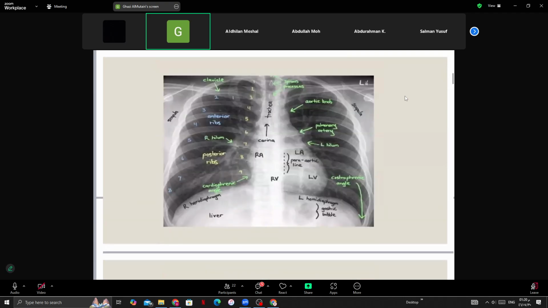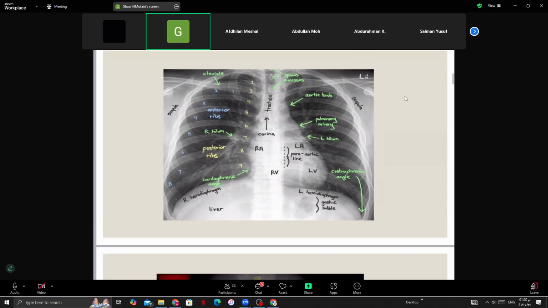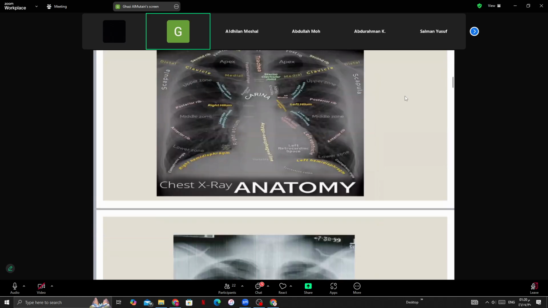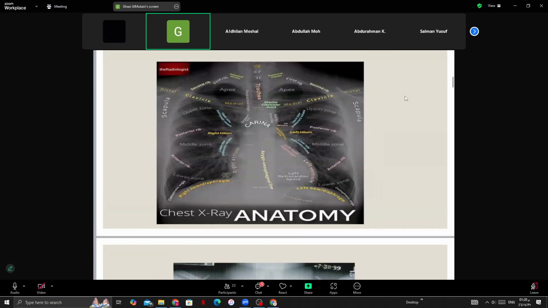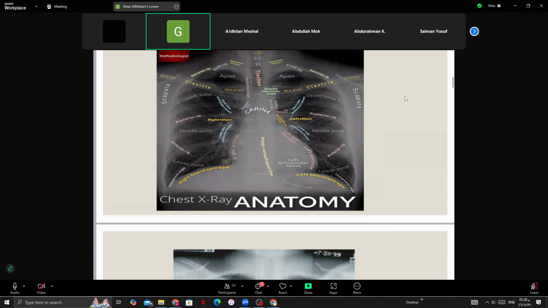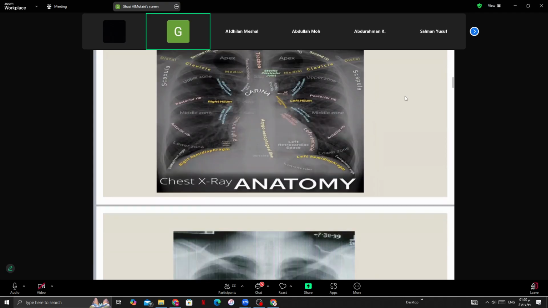This is how to read the chest X-ray and how you can identify the landmarks of chest X-ray. This is again how to read the X-ray, highlighting the ribs, the cardiac border, clavicles, carina. So this is just to give you a hint how to read the chest X-ray.